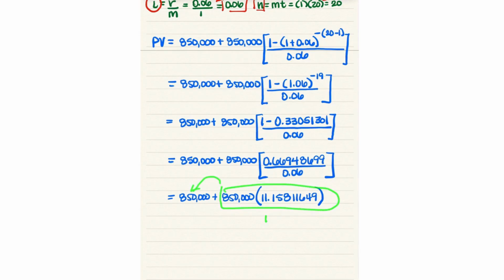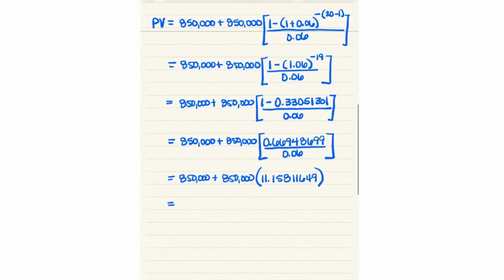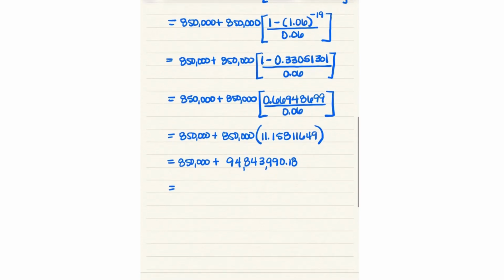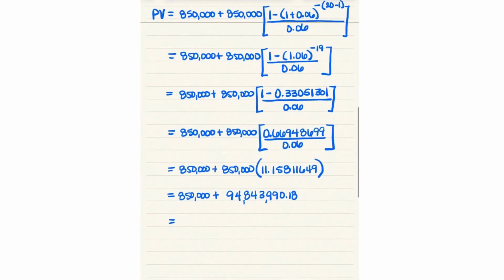So do this first, and then add the 850 second. When you multiply those two, you should get this long number, 94843990.18.